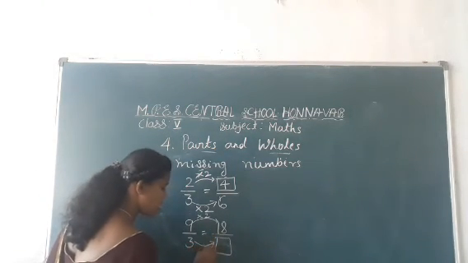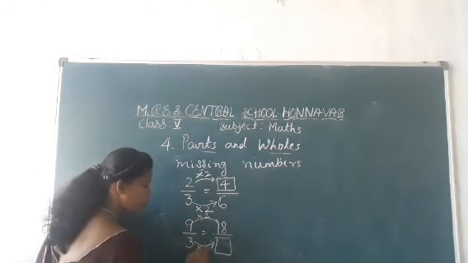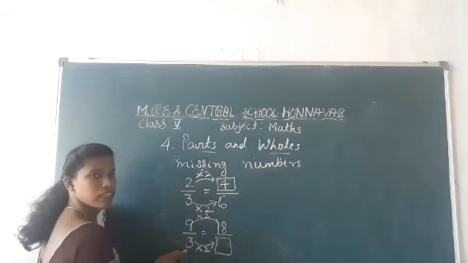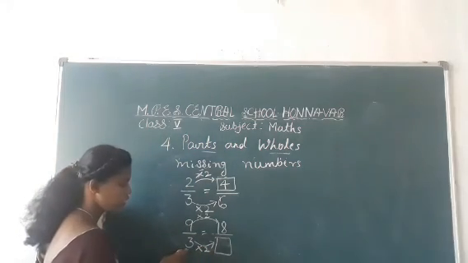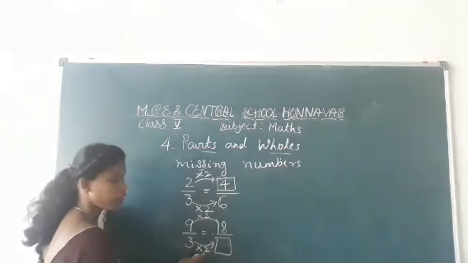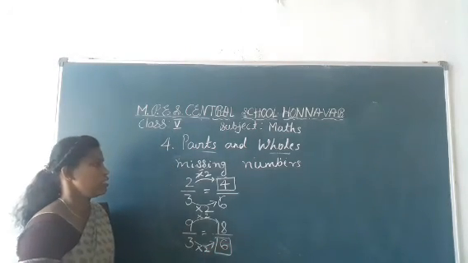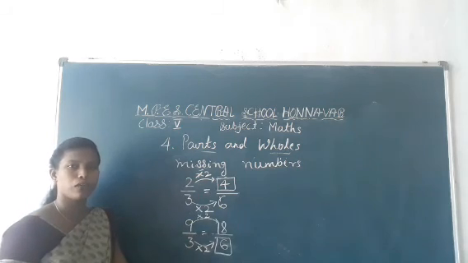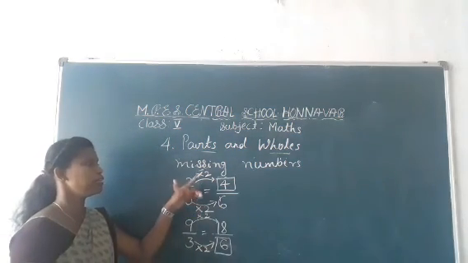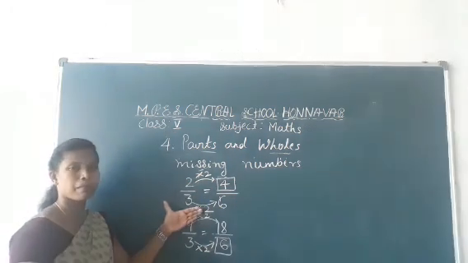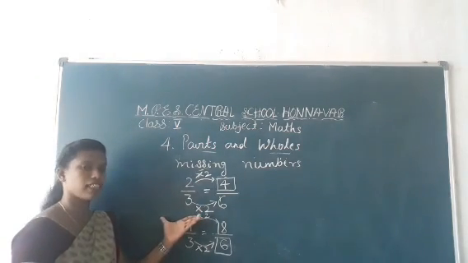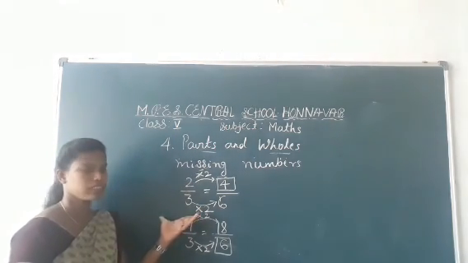So in this way, we multiply by the same number in the denominator, that is 3 into 2. What do we get? We get 6. Like this way, we find out the missing numbers, that is multiply and divide by the same number in the numerator as well as in the denominator.